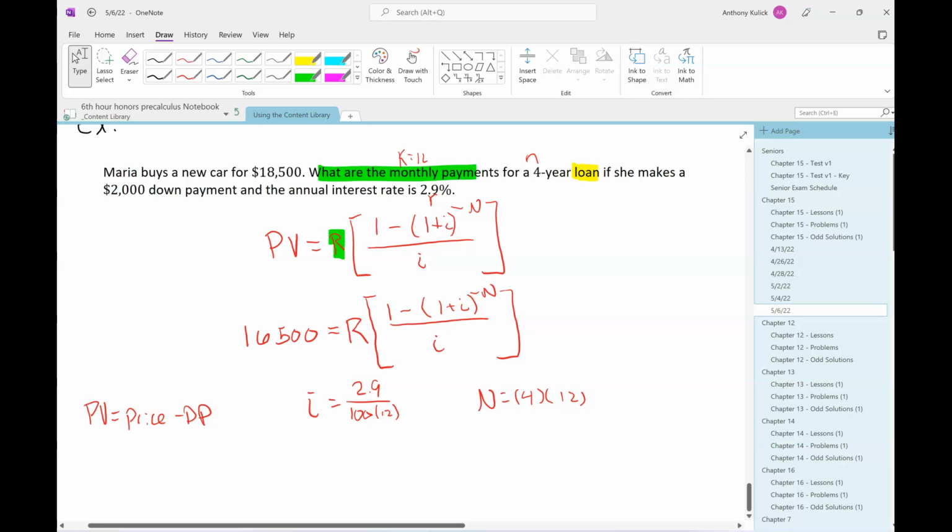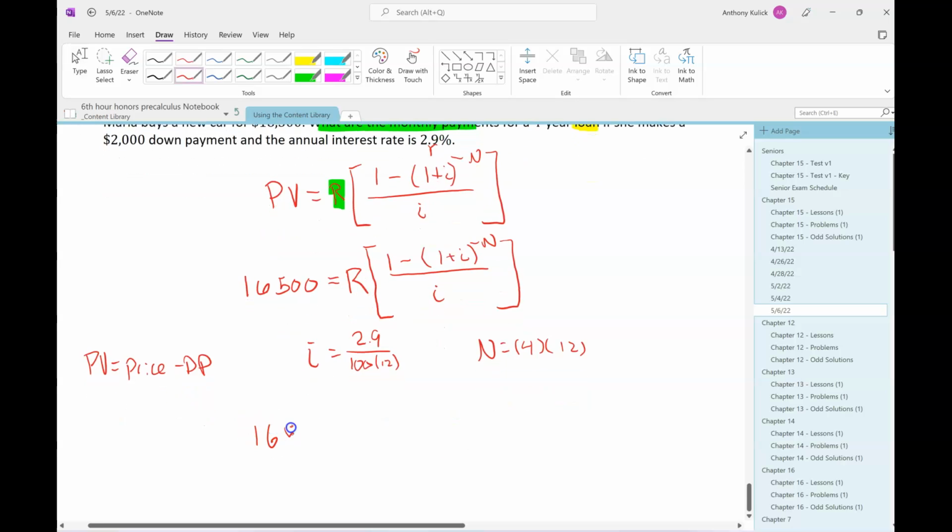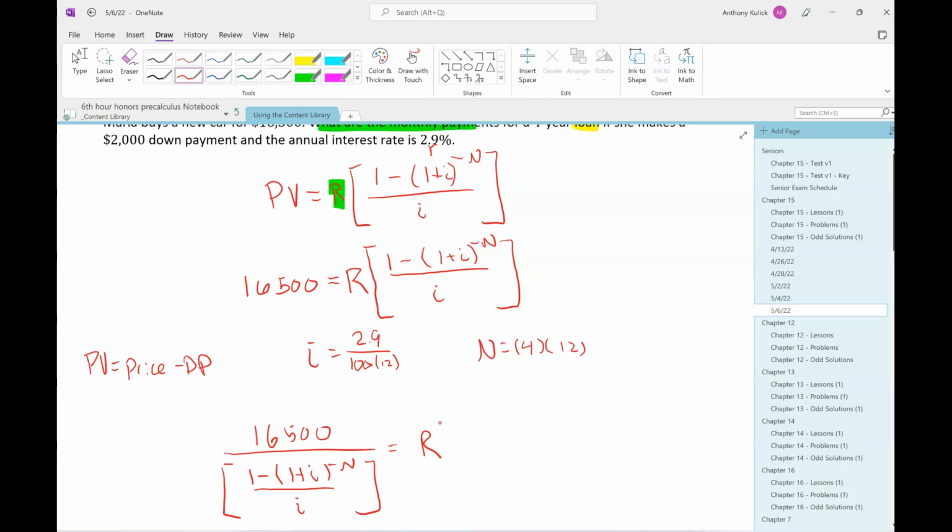Okay. So to solve for R, I'm just going to divide both sides by this whole big fraction. Yes, Lexi. How did we get to 16? So the amount borrowed is the price minus the down payment. So 18,000 minus 2,000. Is that okay?